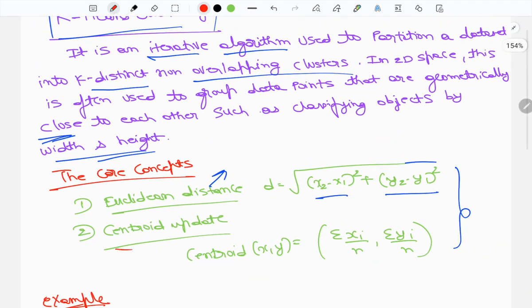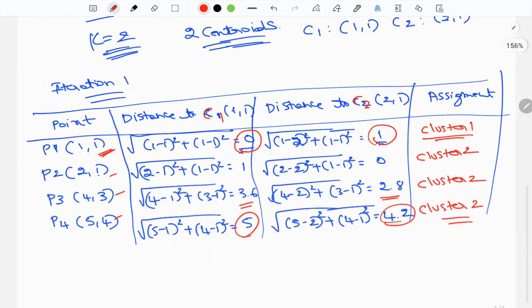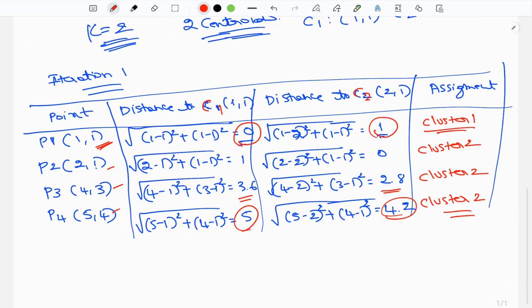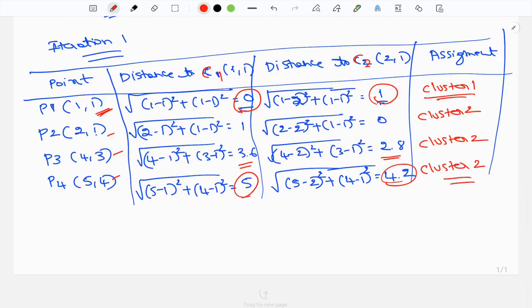As I mentioned, first we found the Euclidean distance, and next we have to update the centroid. How do you update the centroids? We have to find the mean. Let me write it: what is the new C1? New C1, with a subscript.